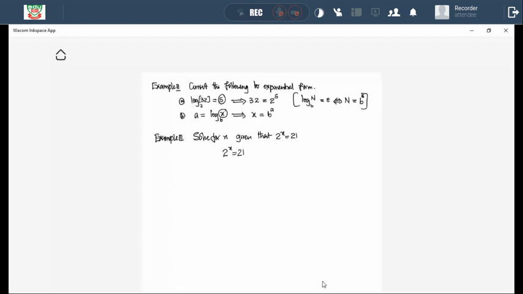In logarithmic form, I can say, therefore, this is the same as what? Log of the number, in this case, 21 is the number. So it's 21. The base is 2, which is equal to x. Therefore, x is equal to log 21 base 2.